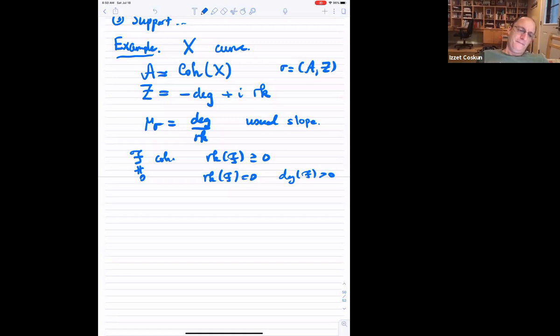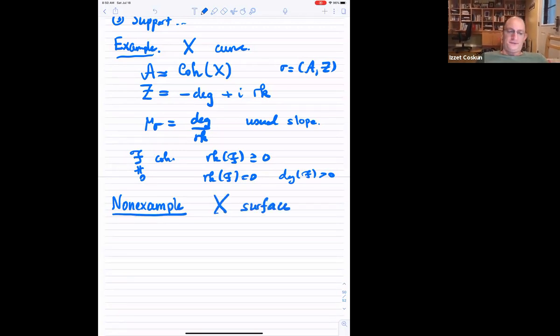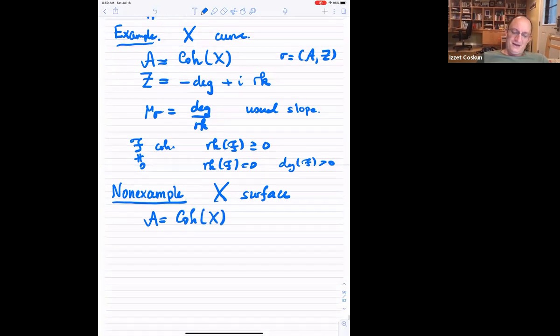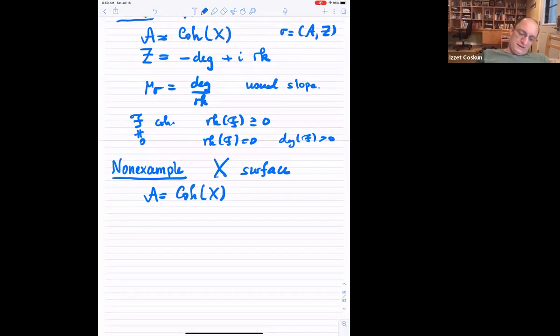Okay? Now let's do a non-example. You would think that if I have a surface now, I could do the same thing, right? If you have a surface, I still take the category of coherent sheaves. After all, that's what I'm interested in. And then you could do the same thing, like Z, you could take minus the degree plus i times the rank.